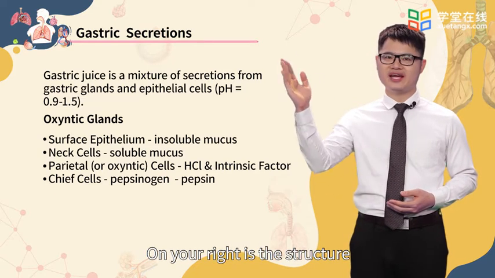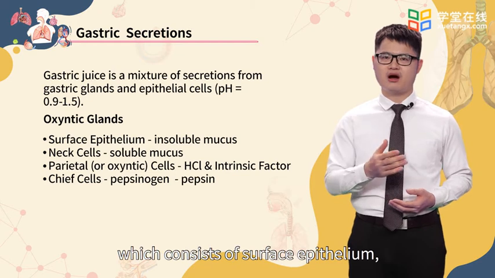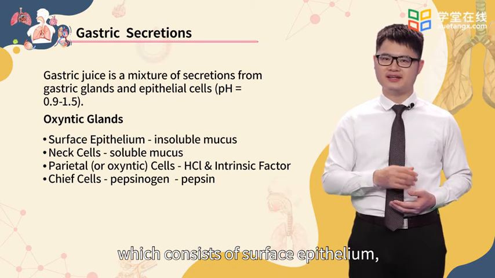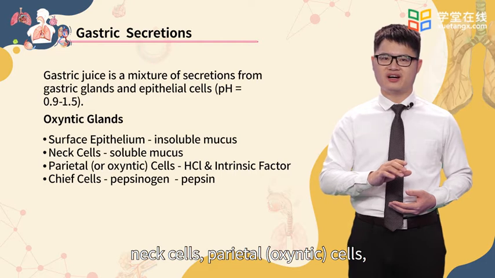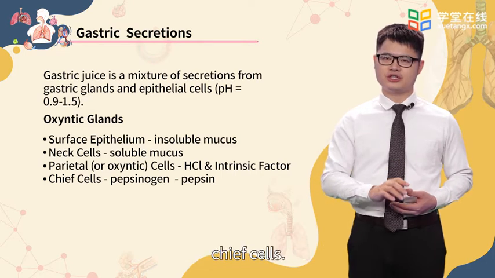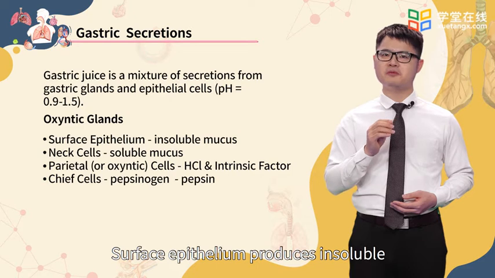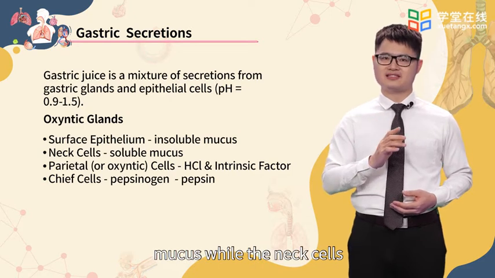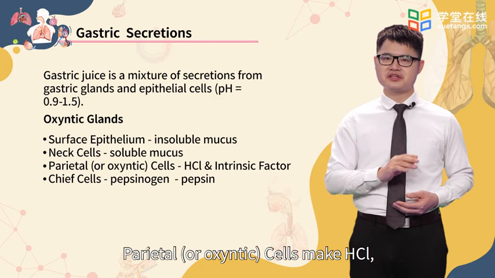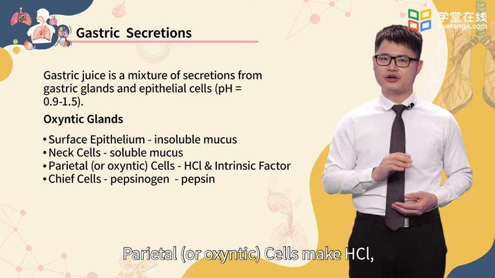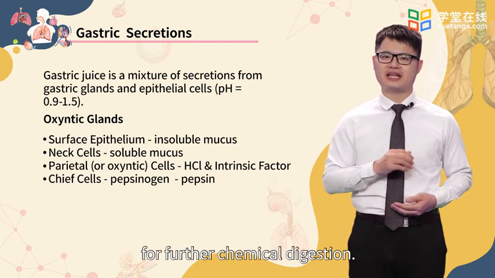On your right is the structure of the oxyntic glands, which consist of surface epithelia, the neck cells, the parietal, or oxyntic cells, and the chief cells. Surface epithelia produce insoluble mucus, while the neck cells secrete soluble mucus. Parietal cells make hydrogen chloride, creating an acidic environment for further chemical digestion.